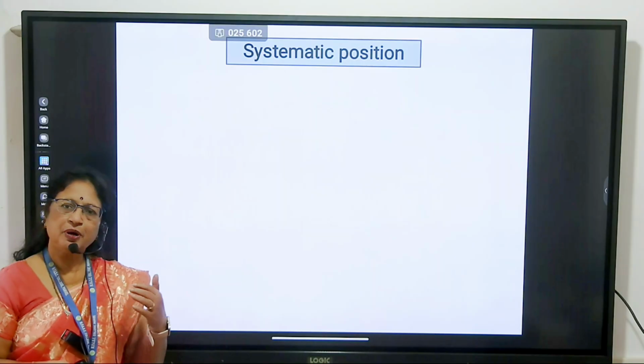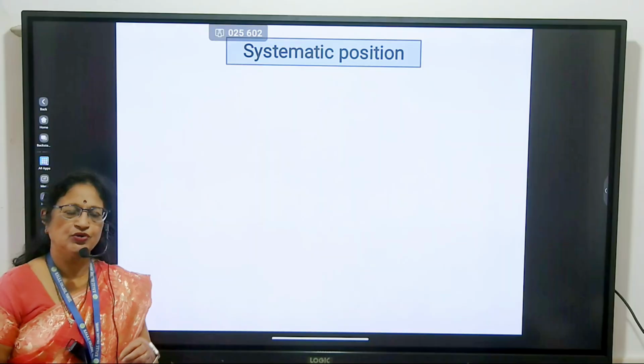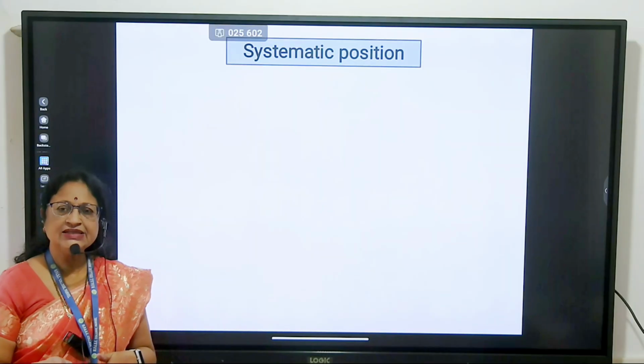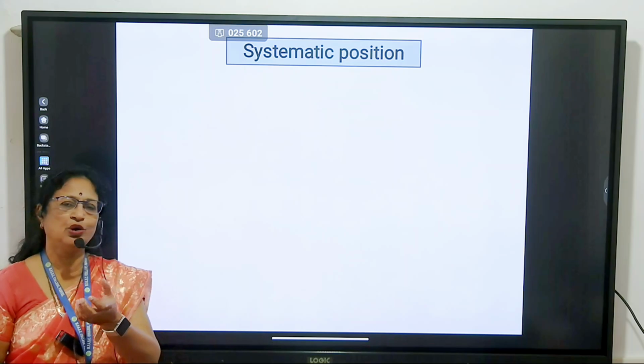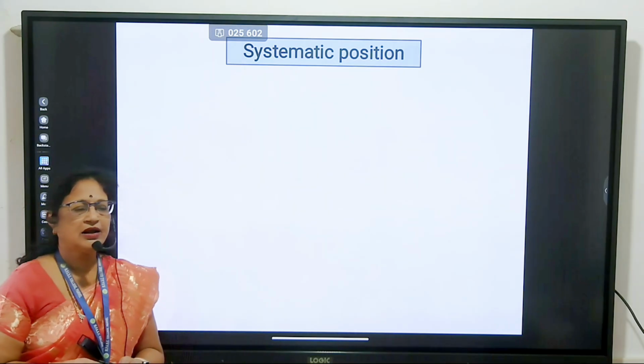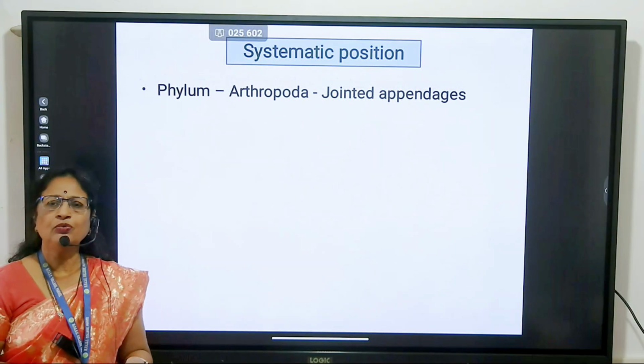Now, the first part is the actual position of the cockroach in kingdom Animalia, which is called the systematic position of the cockroach. In other words, it is called the classification of the cockroach.